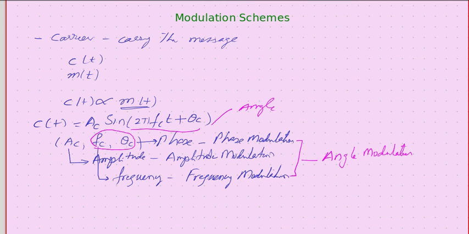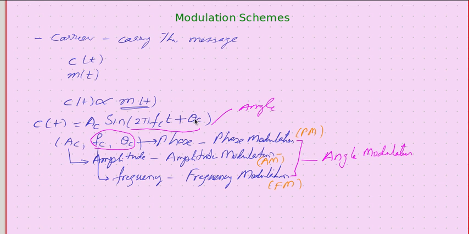So in short, amplitude modulation, very commonly known as AM, frequency modulation, very commonly known as FM, and phase modulation, very commonly known as PM.